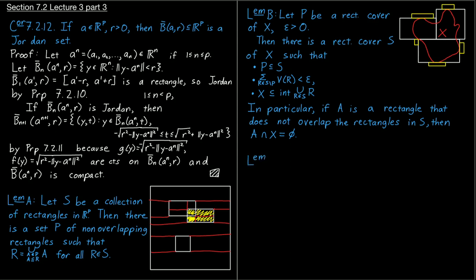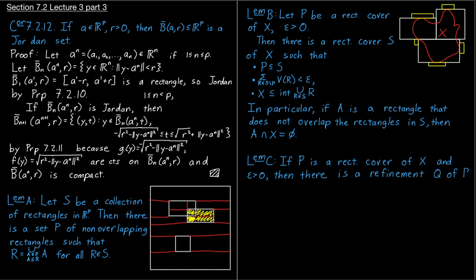And here is the third lemma. If we start out with a rectangular cover P of X, and epsilon is a positive number, then there is a refinement Q of P and a sub-collection S of Q, that is, a set of some of the rectangles in Q, such that the following two things are true.